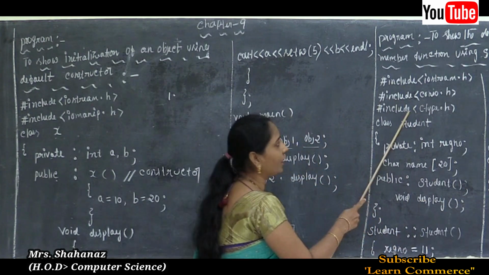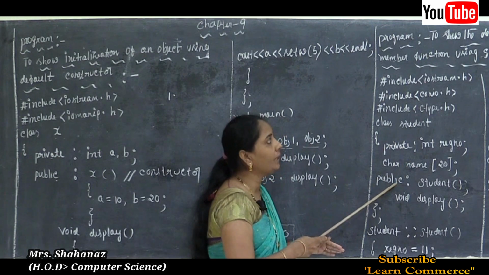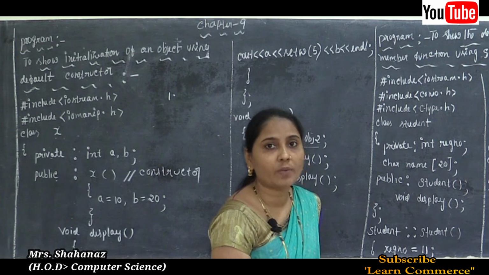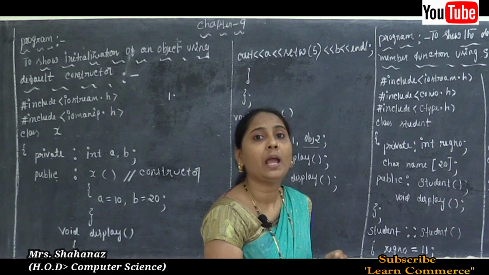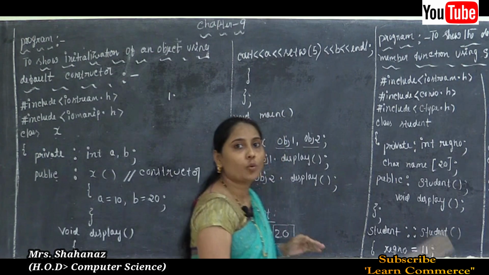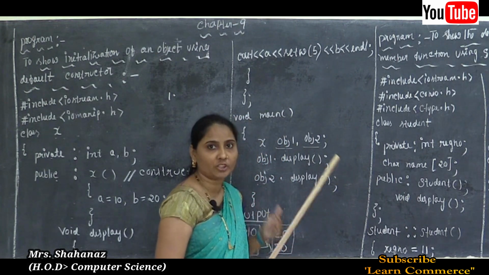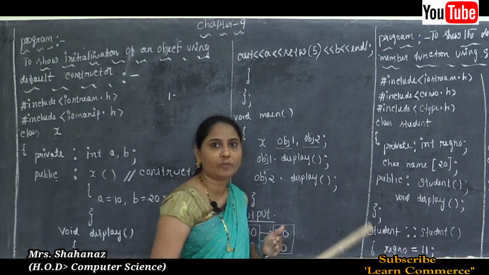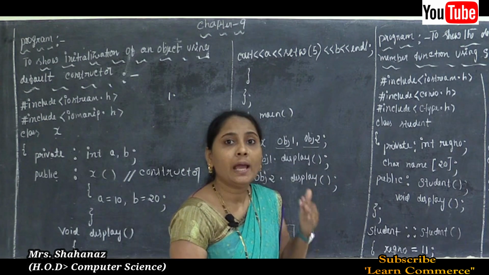If you want endl and setw, you can use one more header file, iomanip.h. So depending on the functions you are going to use in the class, you use the header files.